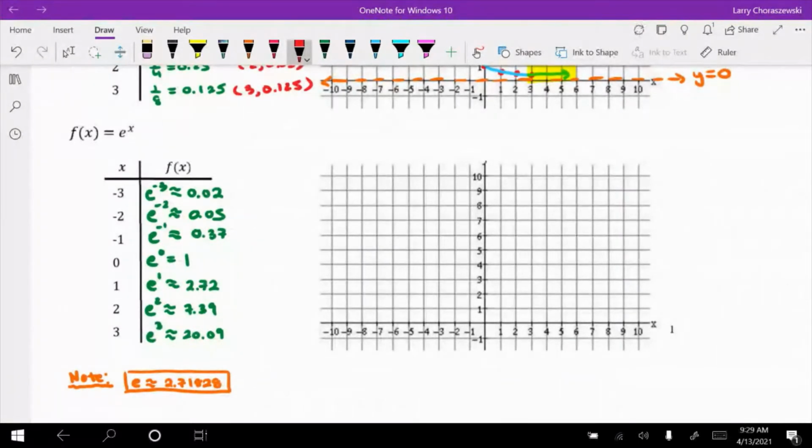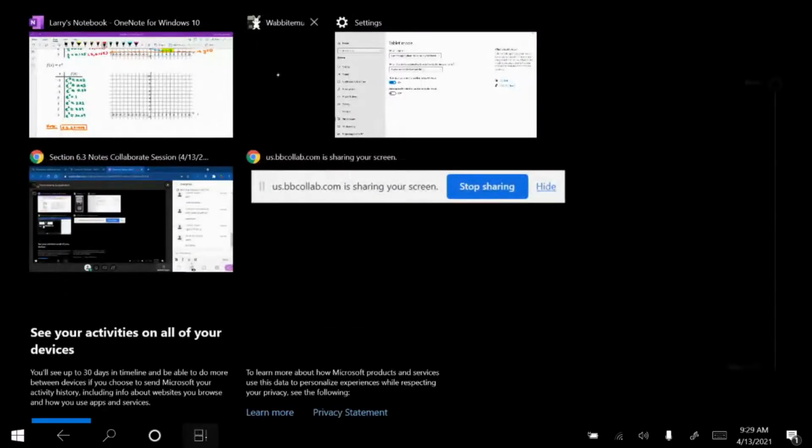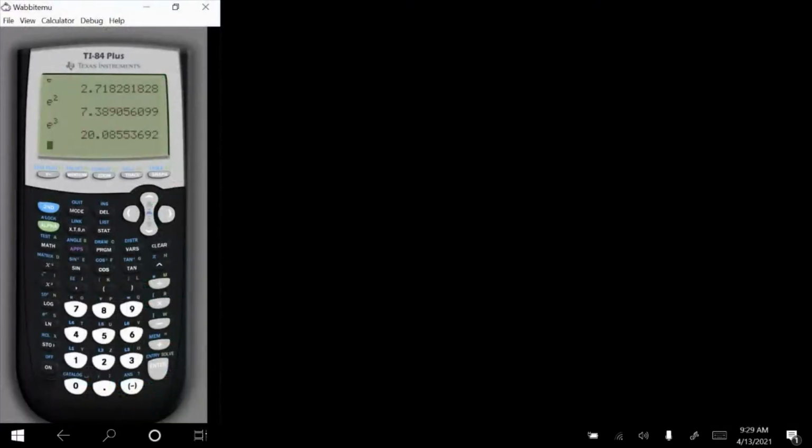Let's go ahead and plot them. I'll start with 0, 1. 0.14 for negative 2. Oh, let's see. All right, I'm not sure what happened there. Better double check e to the negative 3.